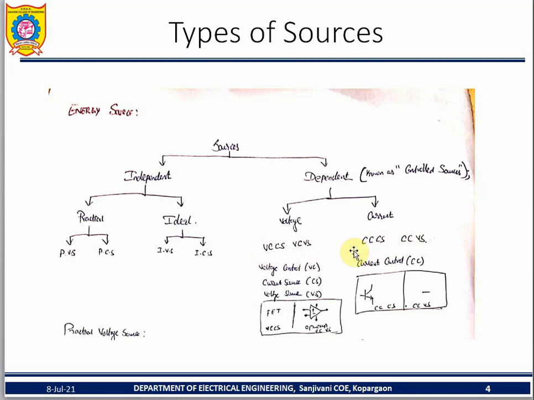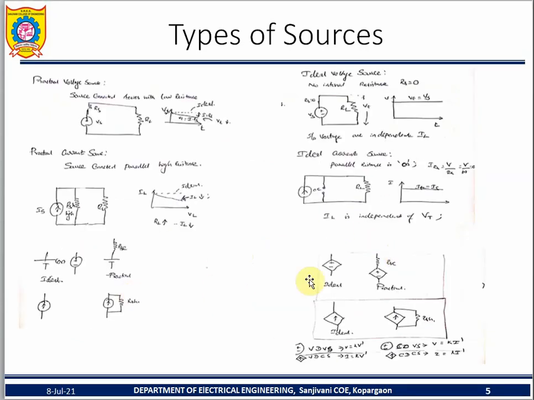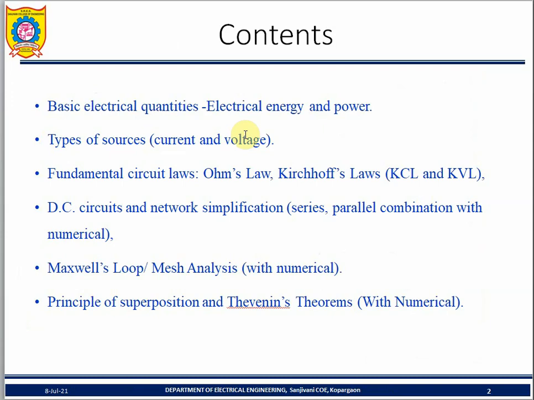This is how dependent sources are classified. They are denoted by a diagonal type of shape in the diagram. The remaining things are similar. Ideal means no resistance is connected in series or in parallel, and here it is connected in series and in parallel. So that is how sources are classified.